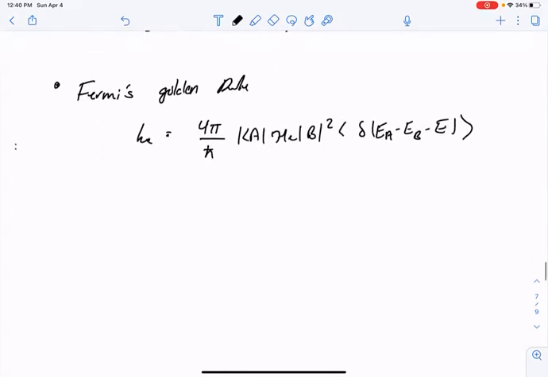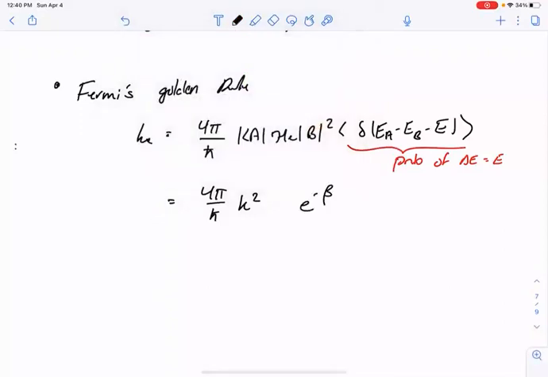So that matrix element we've put in by hand, that's our K. We get it squared. And now I'm just looking for the probability that I find a delta E equal to the energy of the bath. That's what we just worked out.